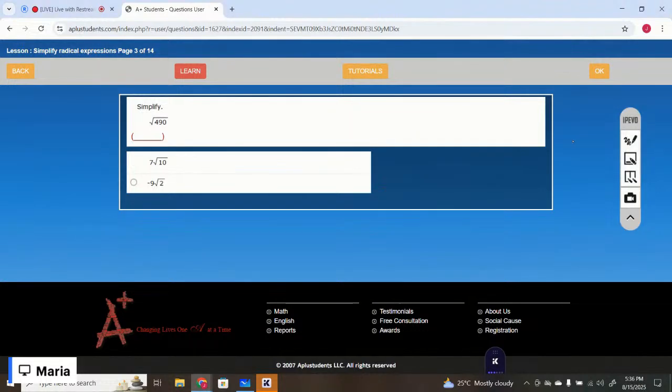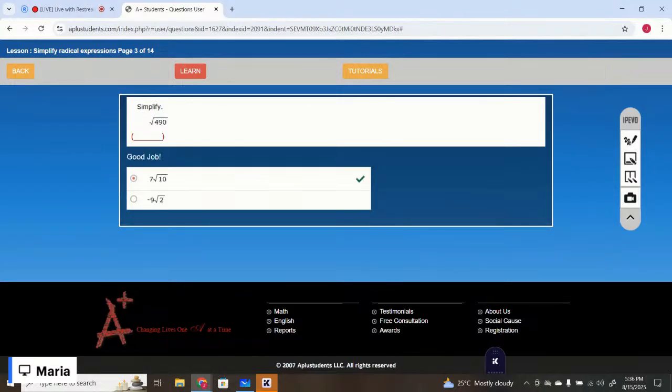Option number 1 is the correct option, that is 7 square root 10.